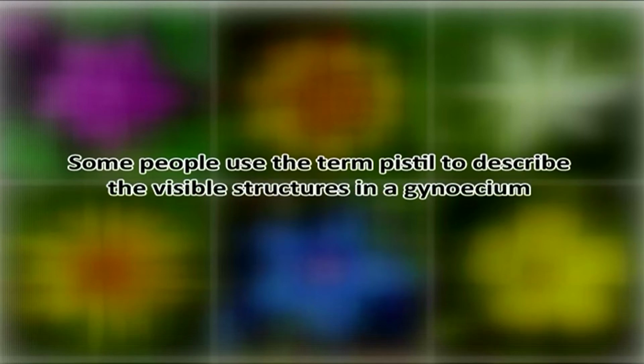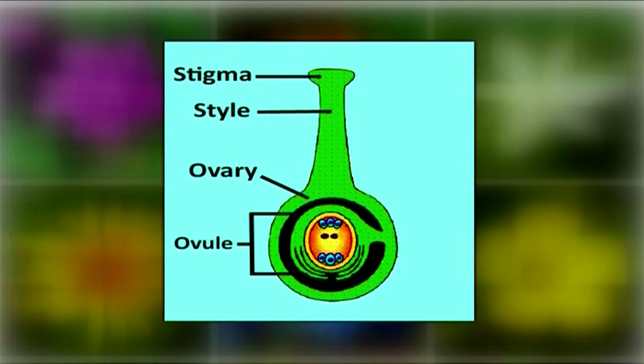Because of this difficulty in interpreting carpel number and arrangement, some people use the term pistil to describe the visible structures in a gynoecium. However, the pistil terminology is less exact and more cumbersome. Each structure in a gynoecium, whether it consists of a single carpel or many fused carpels, usually consists of style, stigma and ovary.